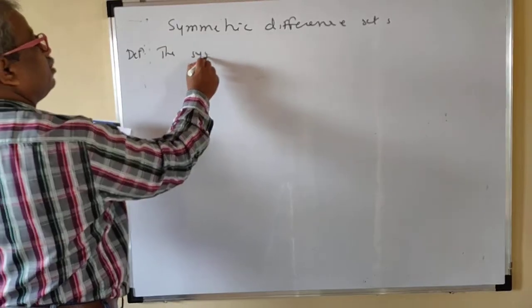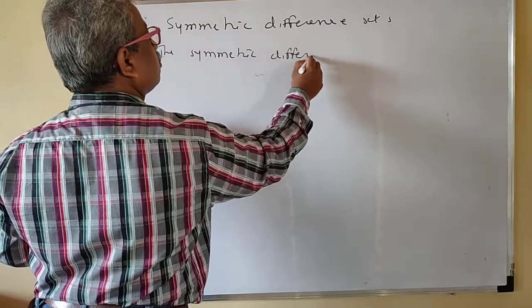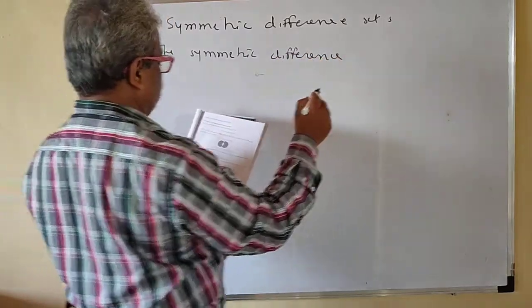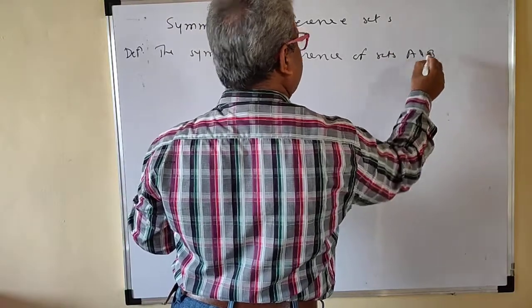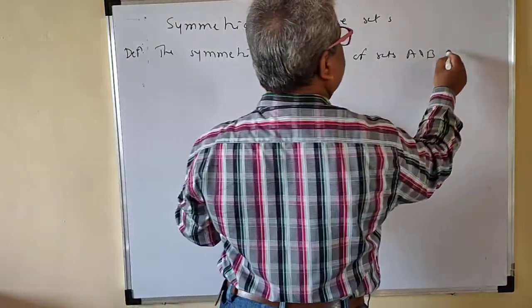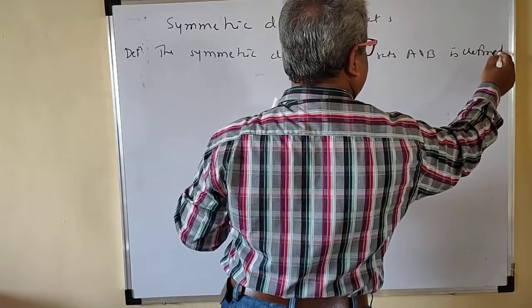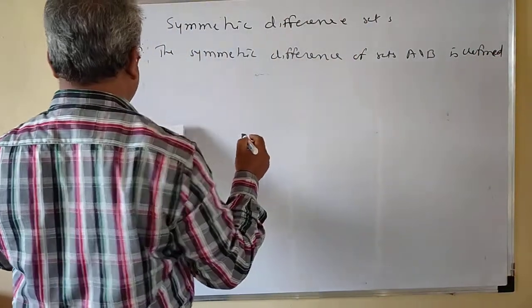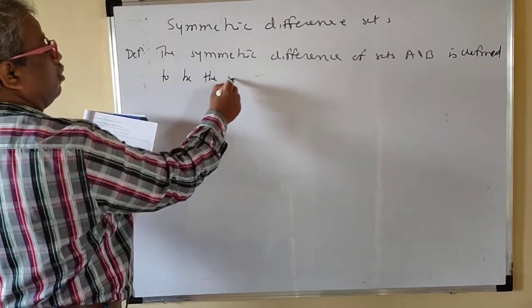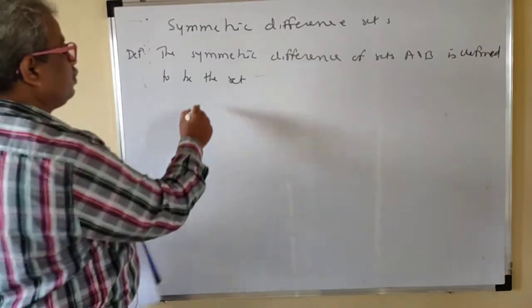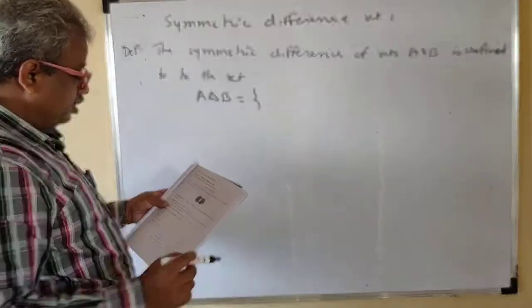The symmetric difference of sets A and B is defined to be the set denoted like this, A triangle B. This is the notation.